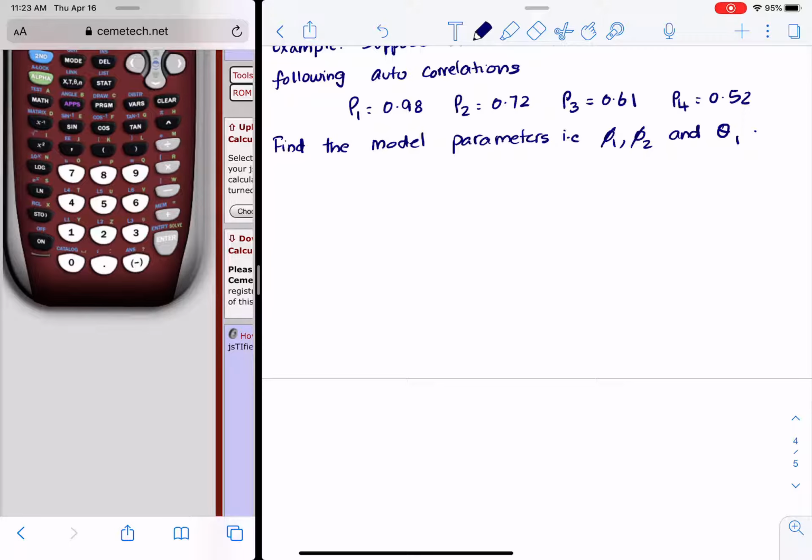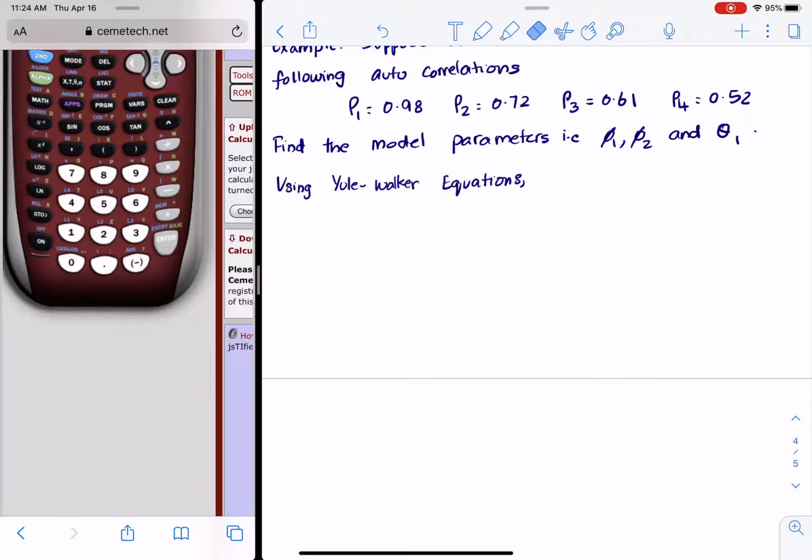So we know from Yule-Walker equations we have 3 unknown quantities, phi1, phi2, and theta 1. So all we need to have is 3 equations.